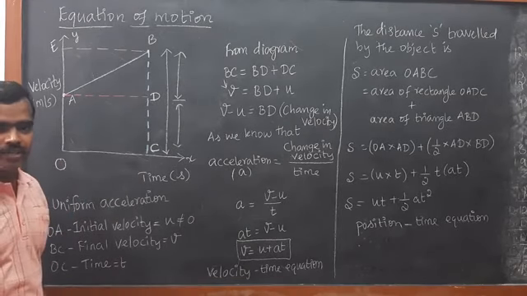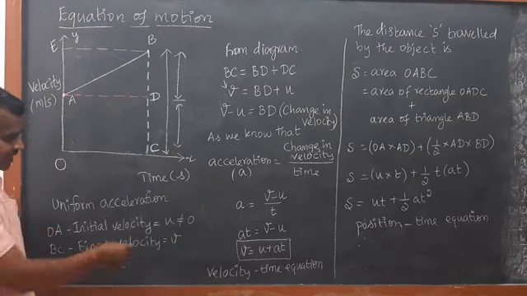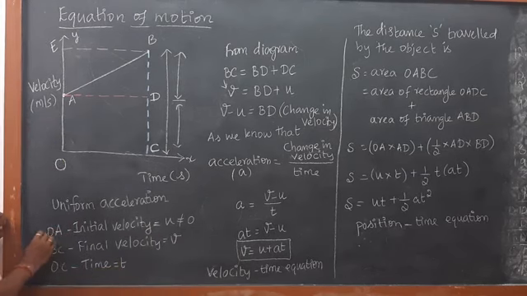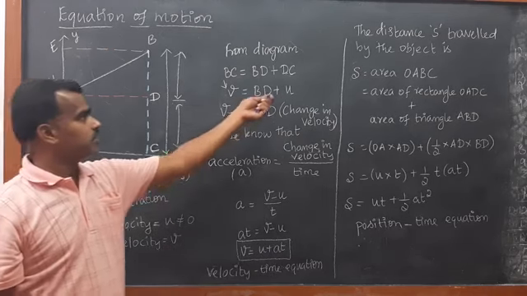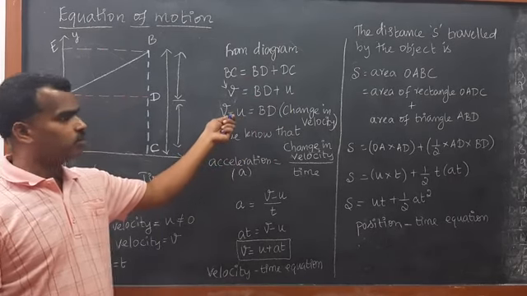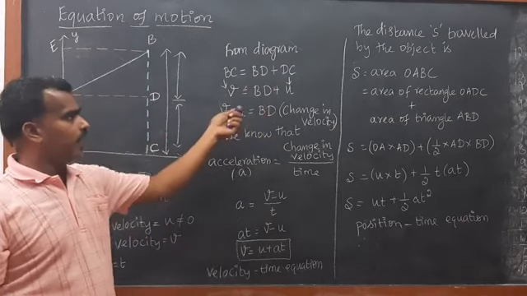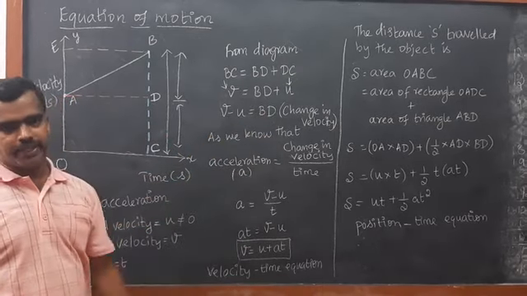How do they look? Same, right? Therefore, what is OA? U, right? Initial velocity. Therefore, we can write OA is equal to CD. Therefore, CD or DC is equal to U. So, plus U should come to the LHS side. Okay? Plus U should come to the LHS side. V minus U is equal to BD.